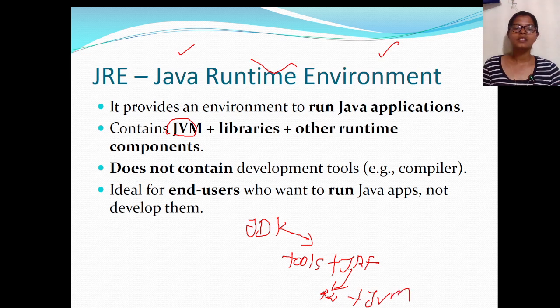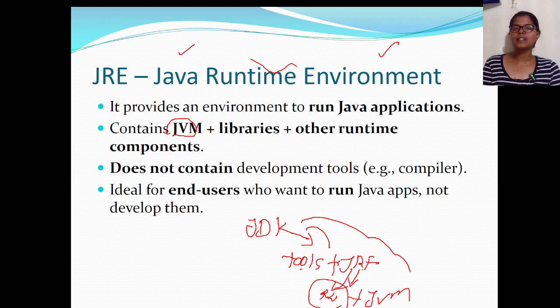See this hierarchy: JDK has JRE plus toolkits. JRE has only runtime environment libraries plus JVM. It does not have any toolkits to develop a Java application, like a compiler or a debugger.